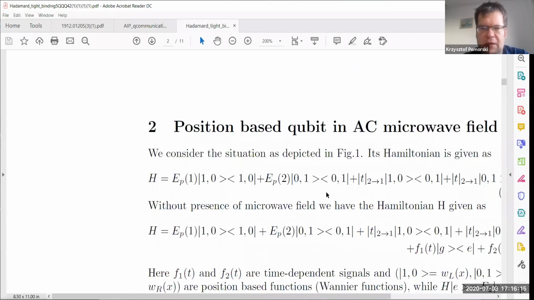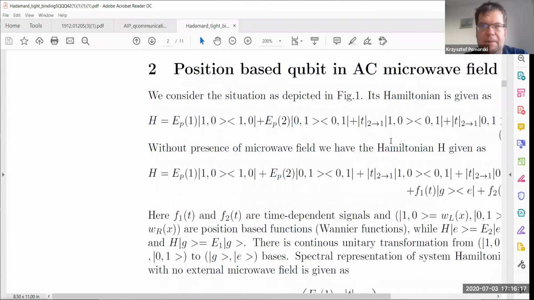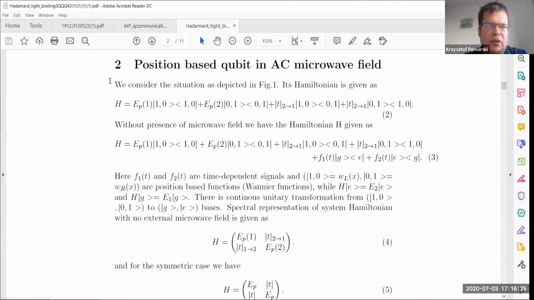So basically, you already know that we have this position-based qubit expressed by these projectors.